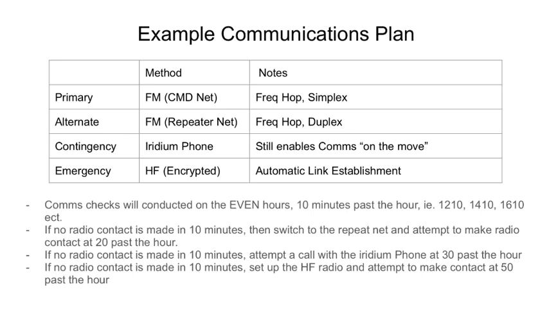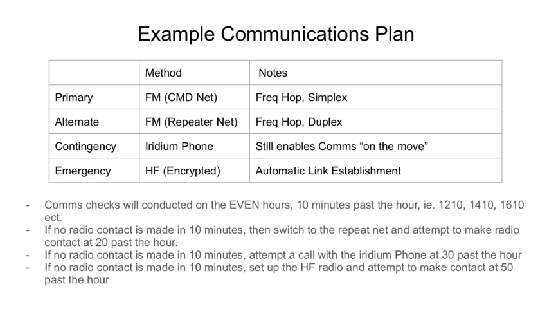Now the Iridium phone is more convenient to use than HF because we don't need to stop and set up an antenna that shoots radio waves straight up into the sky. We can talk on the move, but the reason it's less reliable than HF radio is because it still requires an outside entity in the form of satellites.